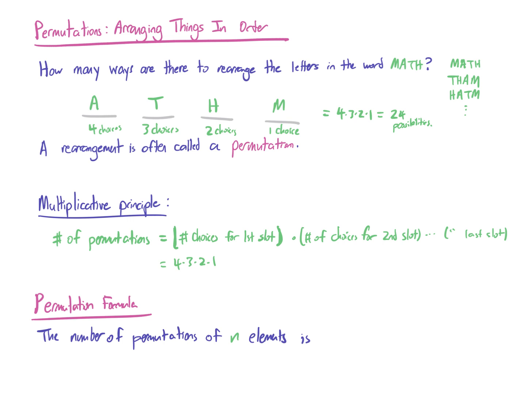We start at the number of elements we have and we work our way down with multiplications. So that's n times n minus 1 times n minus 2 all the way down to 2 times 1. That's also the same as the product from i equals 1 to n of i, and we defined that as n factorial. So the main one you need to remember is right here. The number of permutations on n objects, or equivalently, the number of ways to arrange n objects in order, is n factorial.